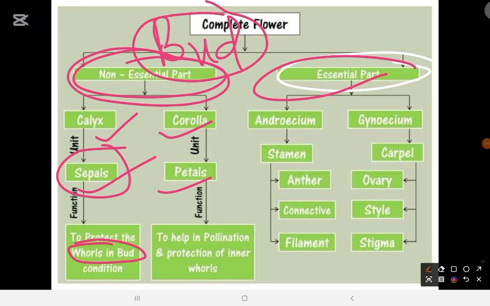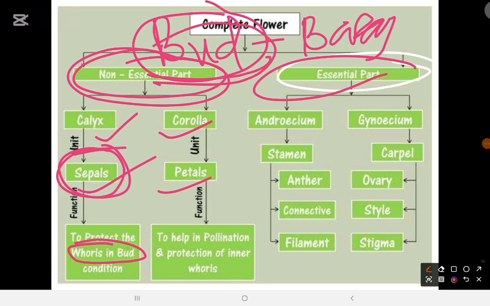The flower develops from a bud. So in that baby flower stage, it is the sepal that acts as the protective layer that covers that bud.